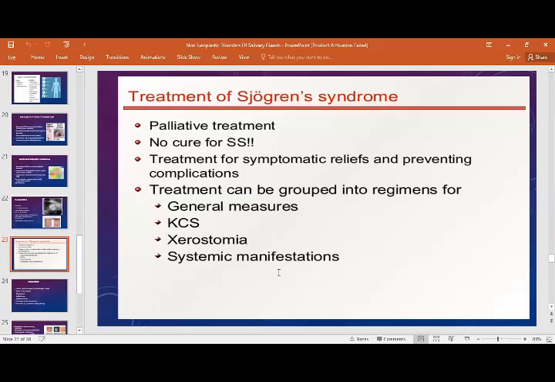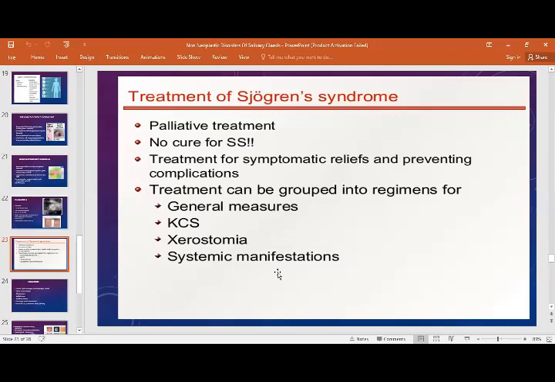Now, the treatment of Sjogren syndrome. Basically, there's no cure for Sjogren syndrome, and we need to take it as a lifelong condition. So the treatment is symptomatic as well as palliative, because it involves our eyes and mouth.